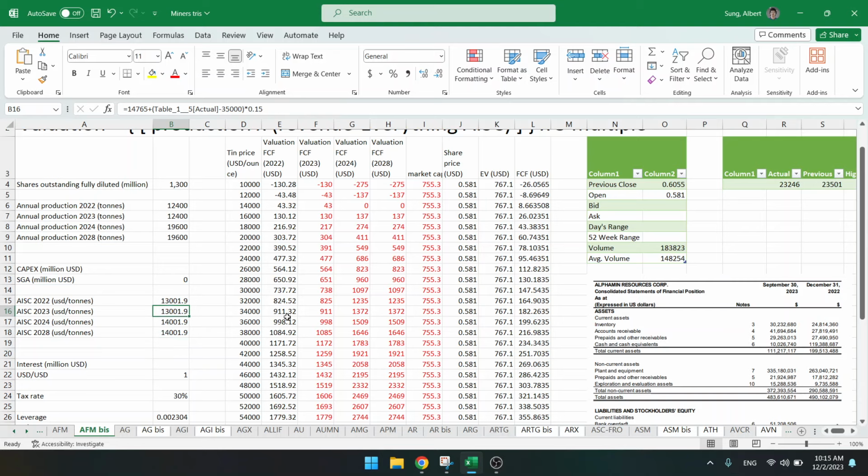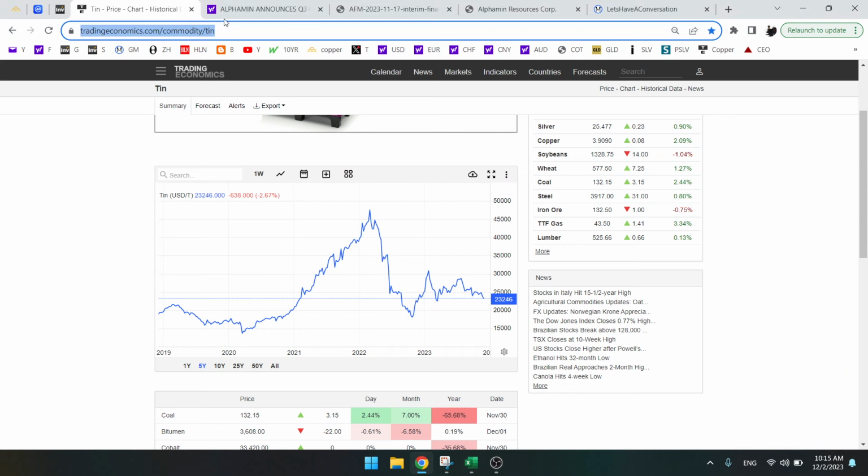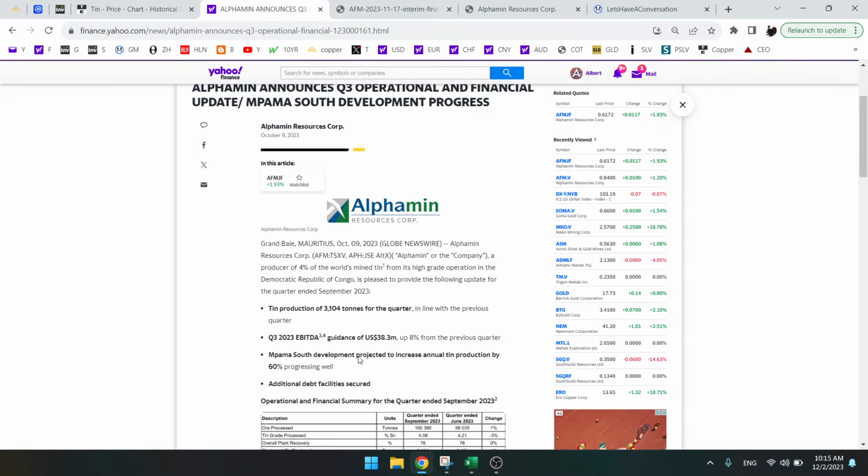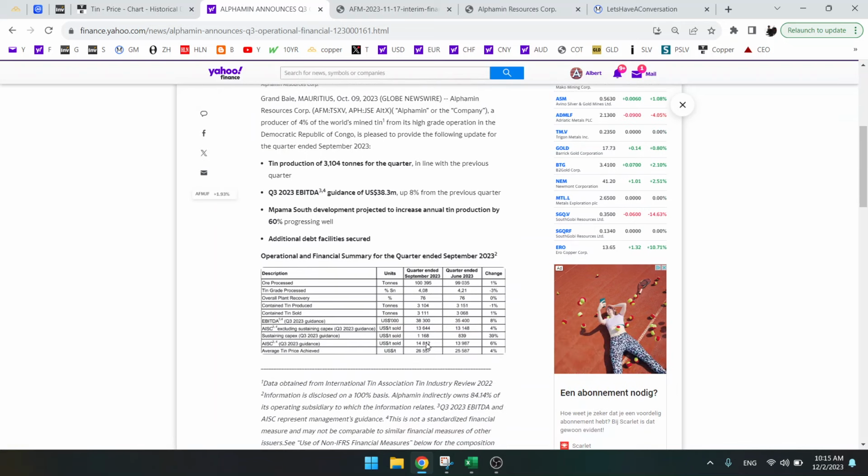So cost should be around 13,000. Let's check this. Oh, it's now 14,000. So it went up a bit. And that's the guidance, excluding sustaining capex.